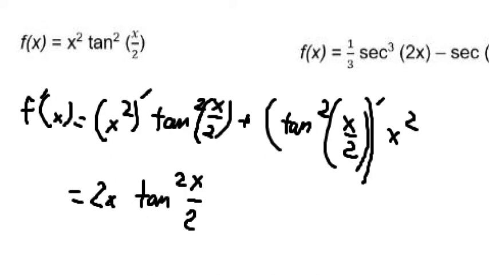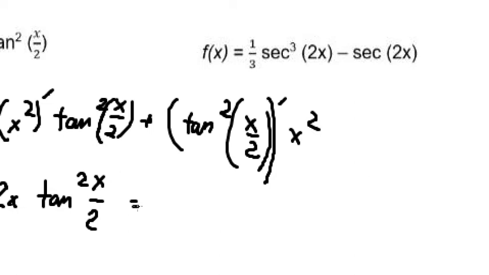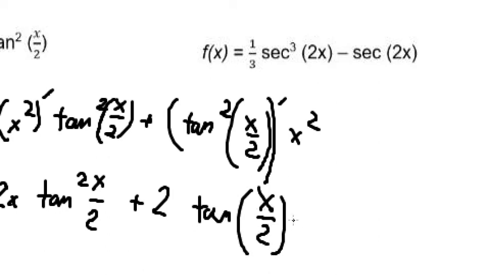This one we have 2, because we have tan, we keep tan s over 2. And we do first derivative of tan s over 2.